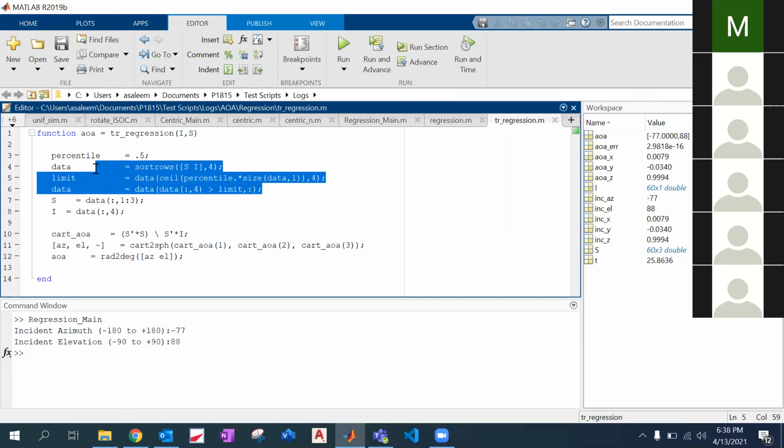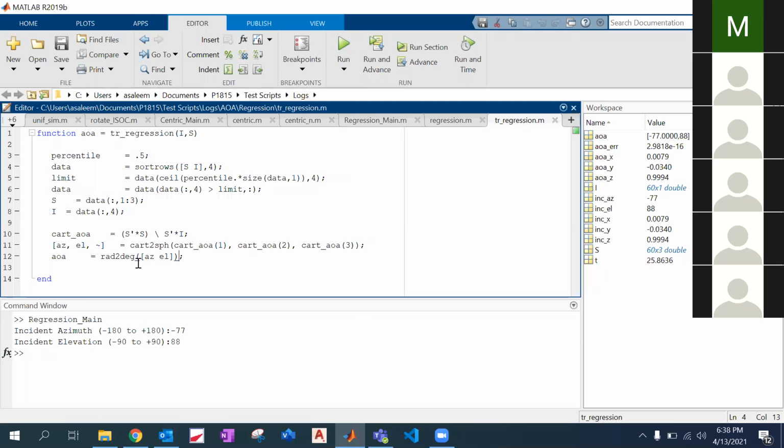Basically the detectors on the other side of the hemisphere don't capture any light, and you're excluding them from the measurement. You're truncating out all the useless detector readings that are not getting anything. By implementing this one, it was a little bit better, but not by a lot.